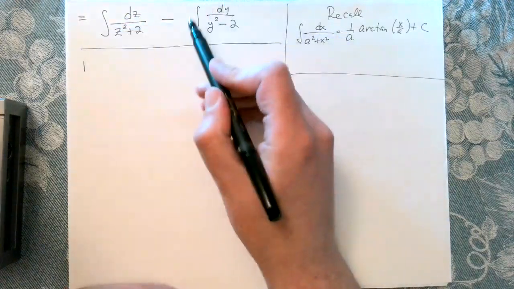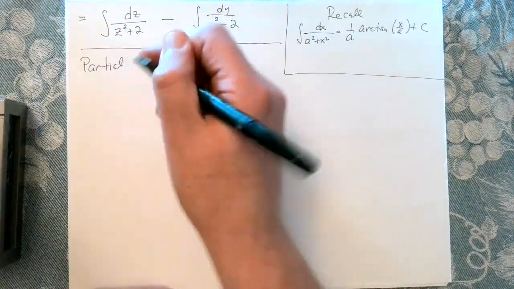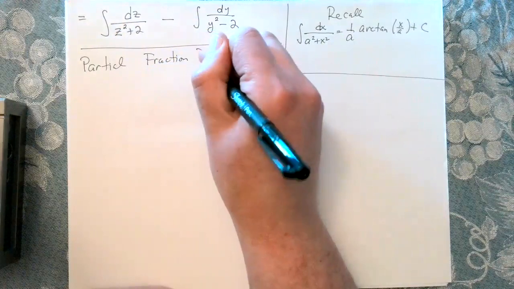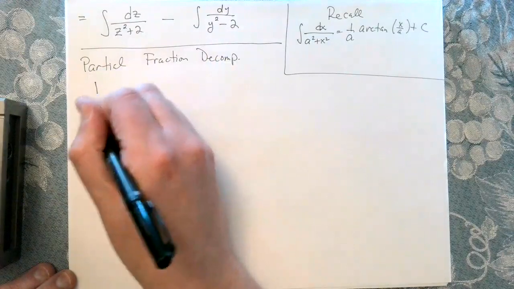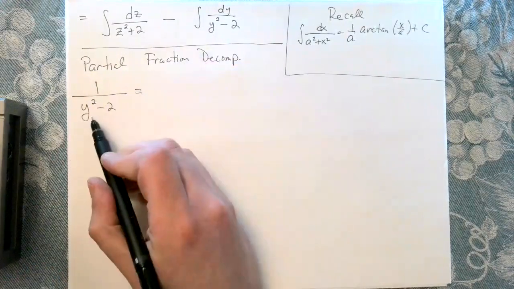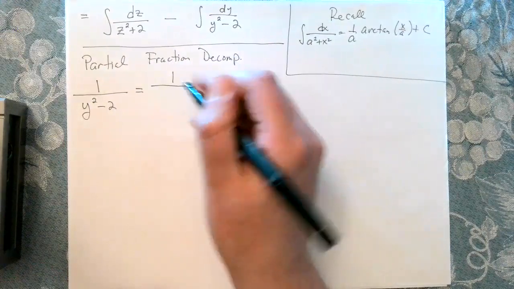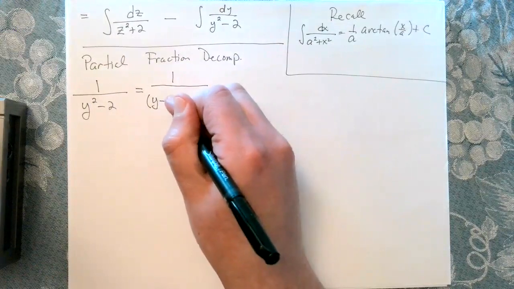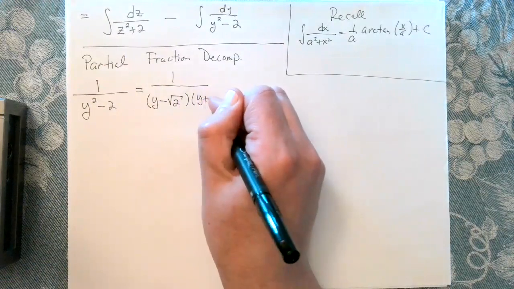And so let's do the partial fraction decomposition for this. So we've got 1 over y squared minus 2. But I could actually factor that as if it were the difference of squares. So I can factor this into conjugates, right? So this is going to be, it looks like, I don't know, how about minus y minus the square root of 2 times y plus the square root of 2.